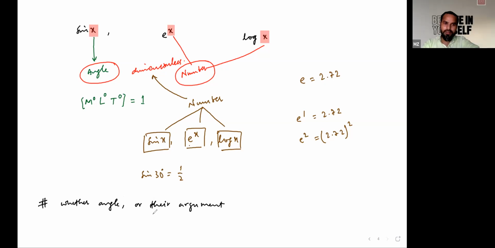So whether angle or argument, it must be dimensionless. For any dimensionless quantity, just equate it to 1 to find the unknown variable. First of all, write it down.